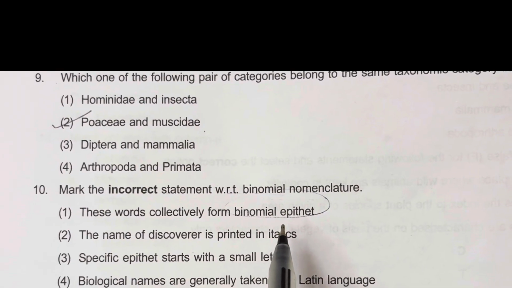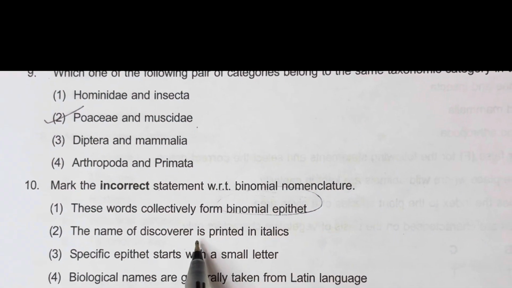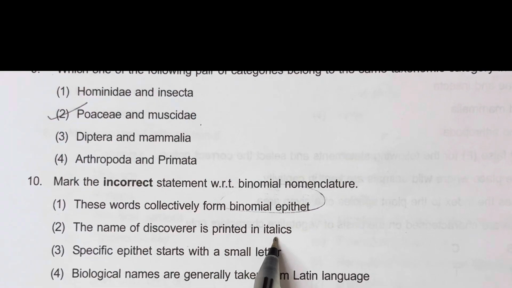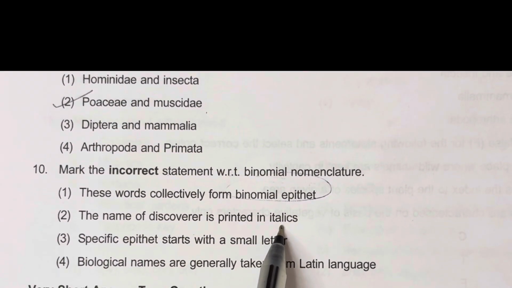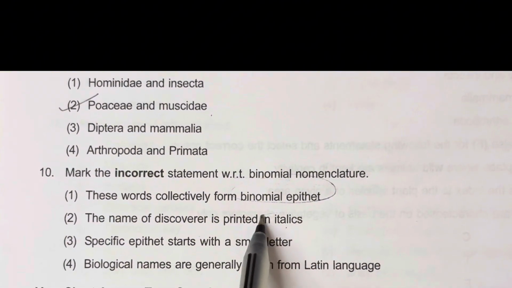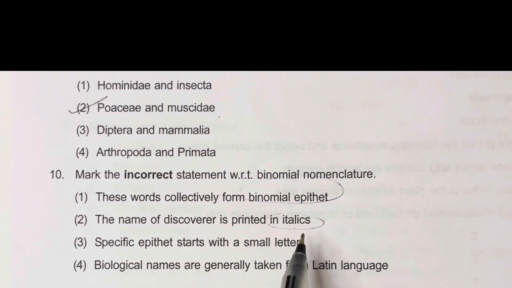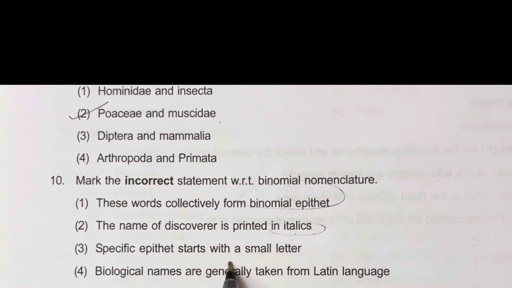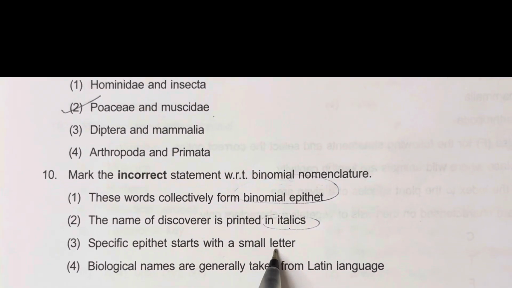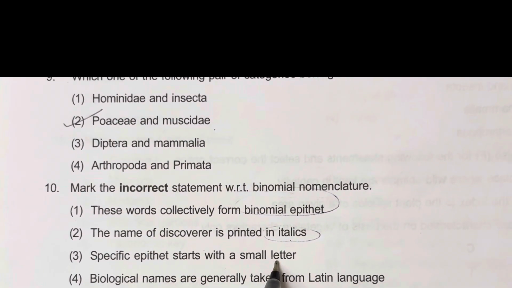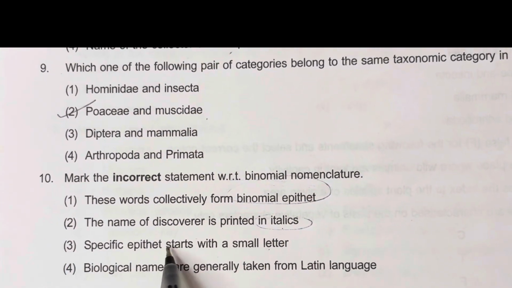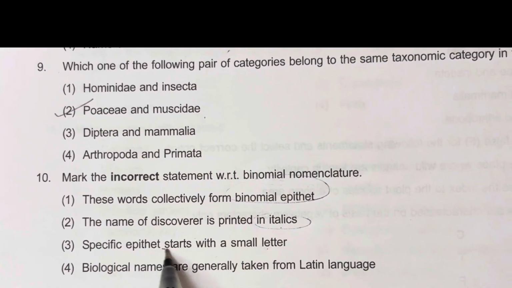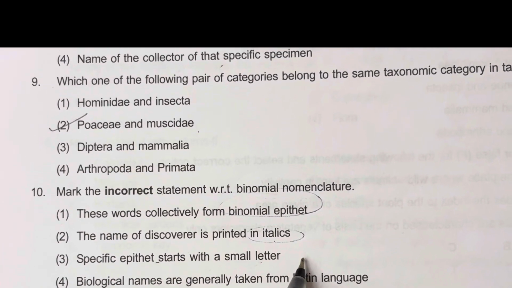And the next one, the name of the discoverer is printed in italics. Only the species name as well as genus name is printed in italics, not the name of the discoverer. The third one, specific epithet starts with a small letter, is of course right: the name of the genus starts with a capital letter, but a species name or a specific epithet starts with a small letter.